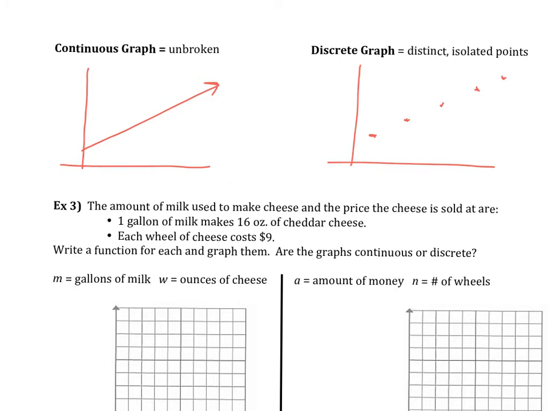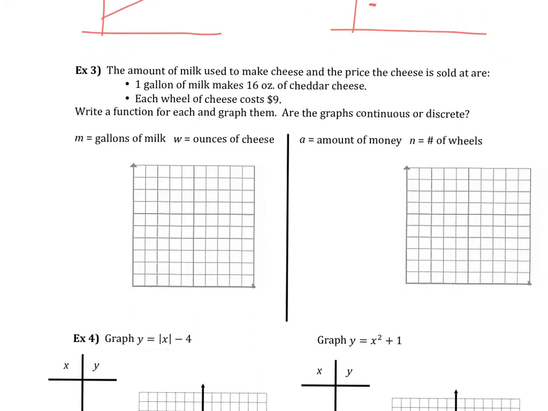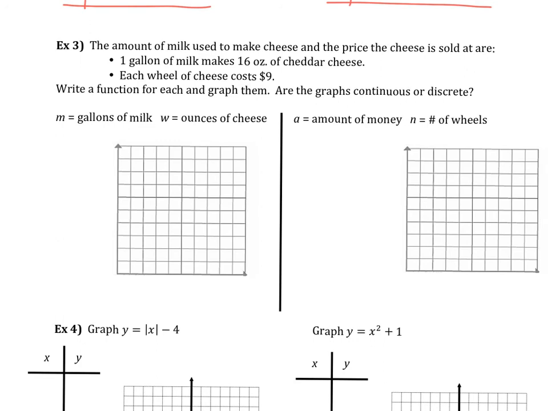Okay? So pay attention. Sometimes they're going to say, is this discrete or is it continuous? And you need to think about what makes sense there. So let's look at an example and see if we can figure out what makes sense here. So example 3, this is talking about two different things.